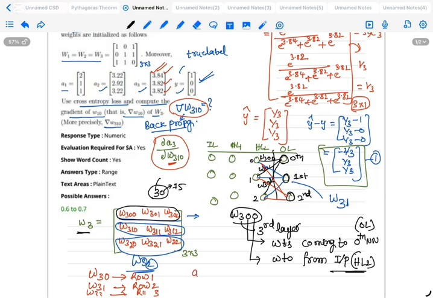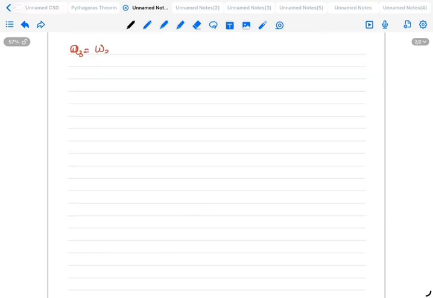Generally, A3 is in terms of W2 H1 plus B2, W3 H2 plus B3. The bias is given as 0, so this value becomes 0. So A3 equals W3 H2.